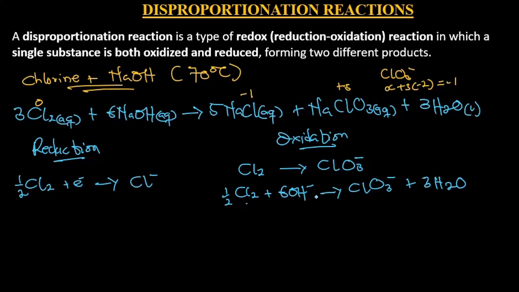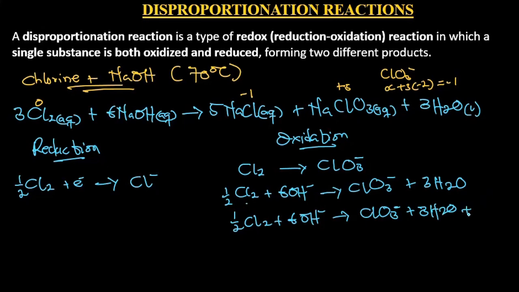So the last thing to balance is the charge. 6 times minus 1 is giving us a charge of minus 6 on the left. On the right, we have only minus 1. So to balance it, I'm going to have 1 over 2 Cl2 plus 6 moles of OH minus giving ClO3 minus plus 3H2O, and then I'm going to add 5 electrons to compensate the charge.